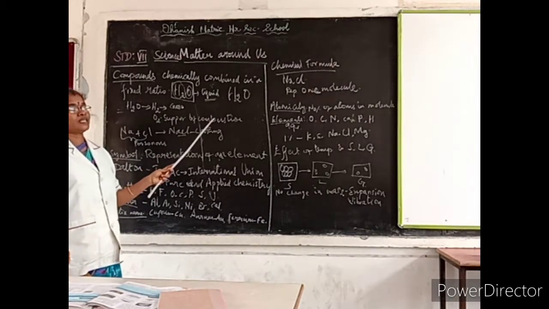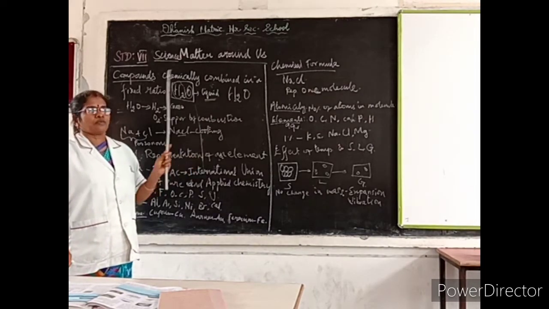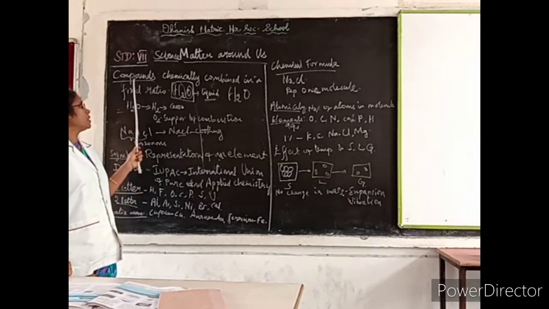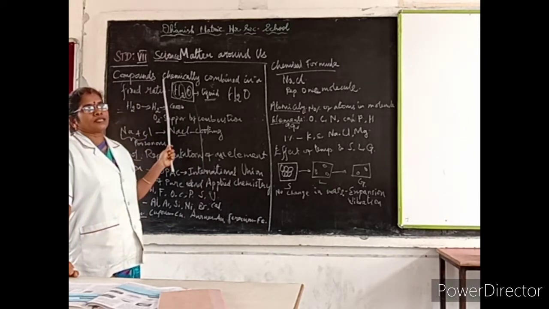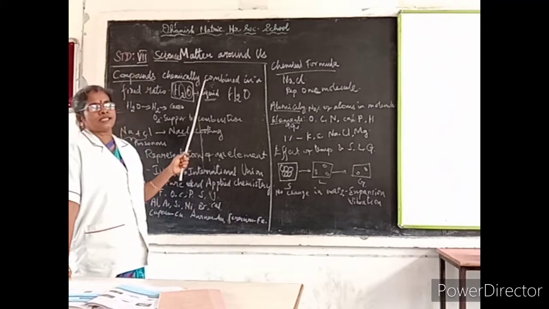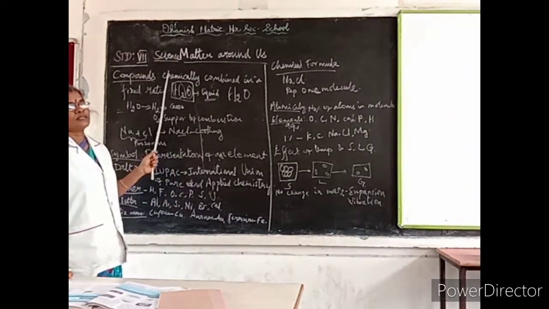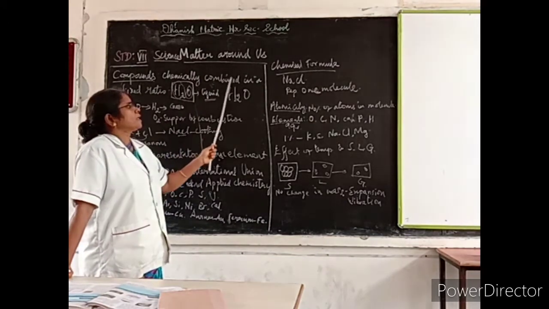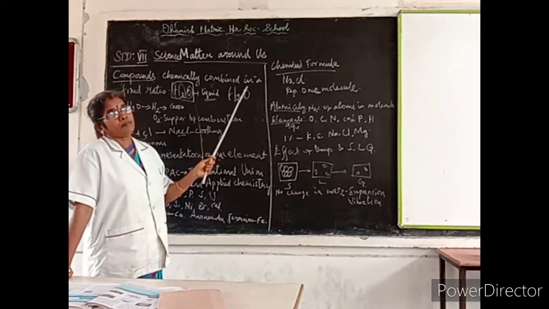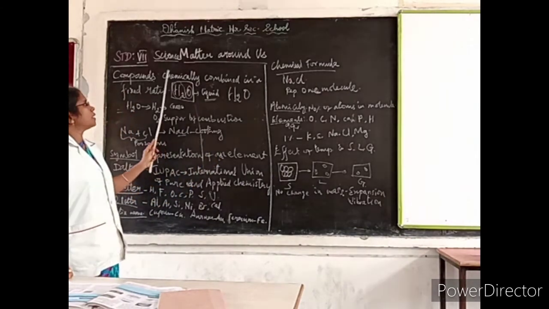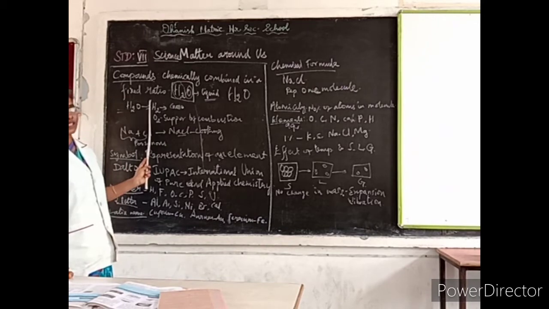But now we are taking water as a liquid. So what is meant by compound? A compound is a pure substance formed by chemically combined atoms of the same element or different elements, chemically combined in a fixed ratio.